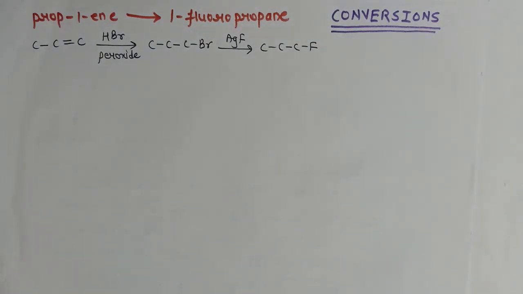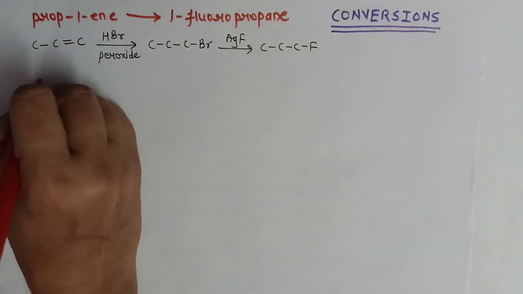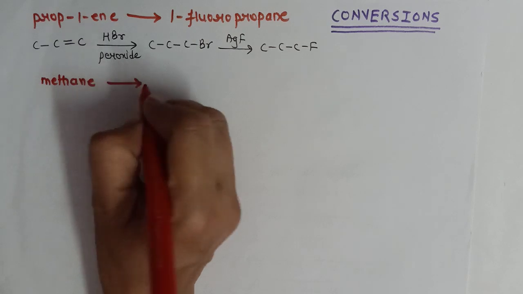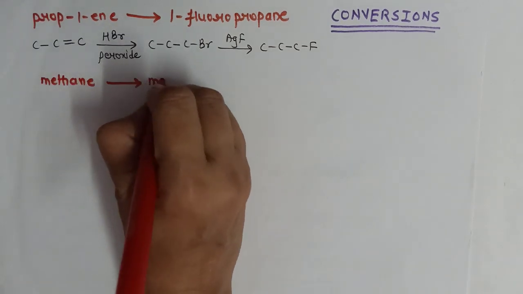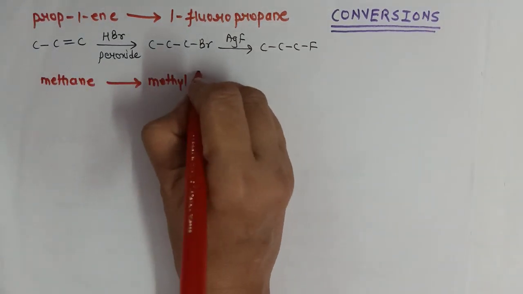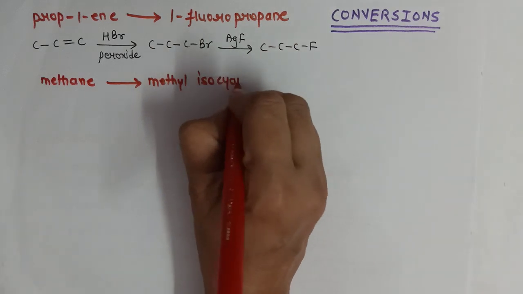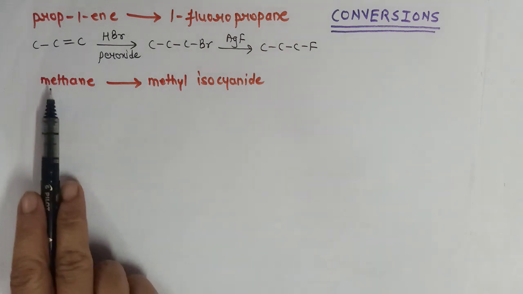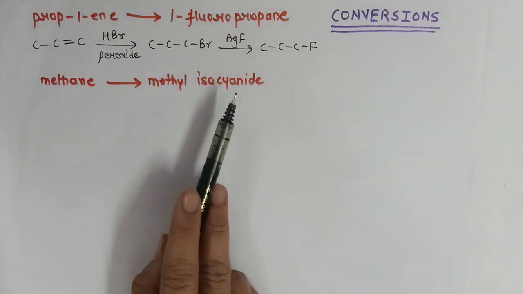Let us move on to the second one: methane to methyl isocyanide. In a board exam, the question is asked directly in this way, that carry out the following conversion: methane to methyl isocyanide.